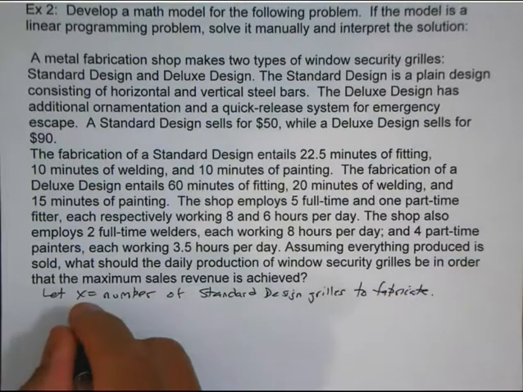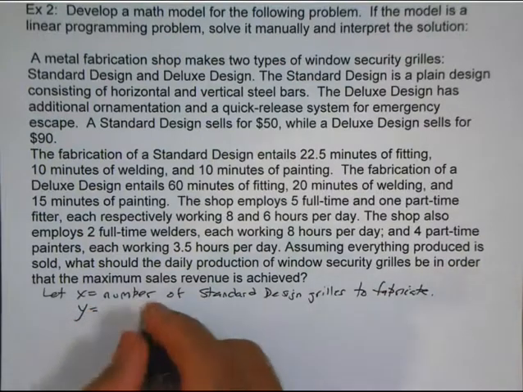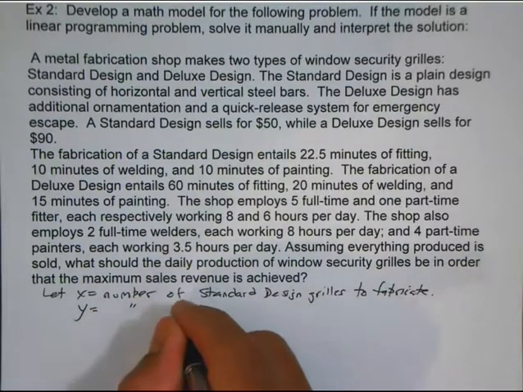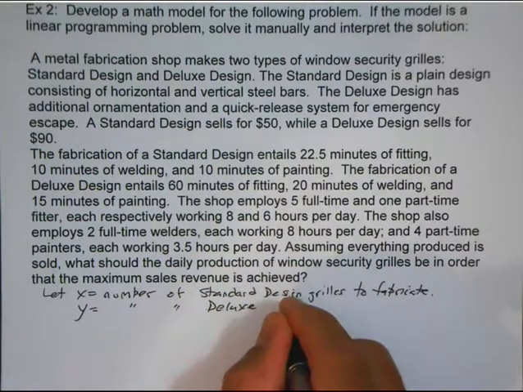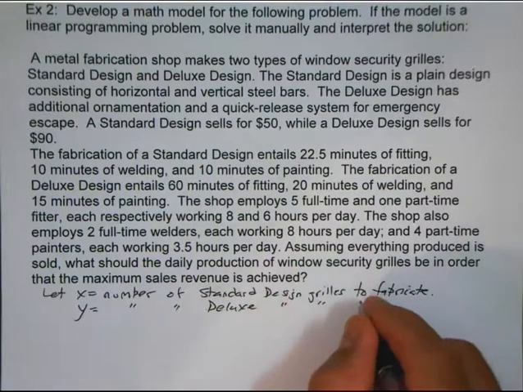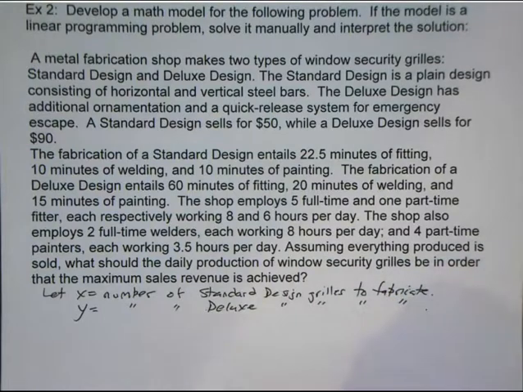And similarly, Y could be the number of deluxe design grills to fabricate. Okay, the actually key quantity in this question is the sales revenue.